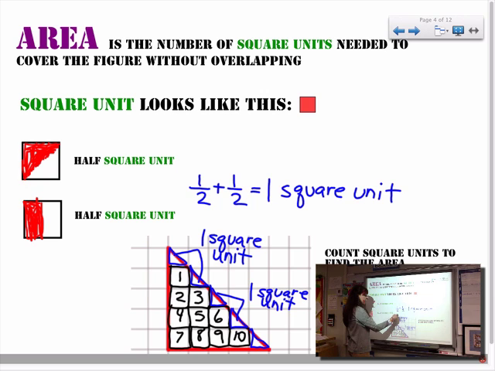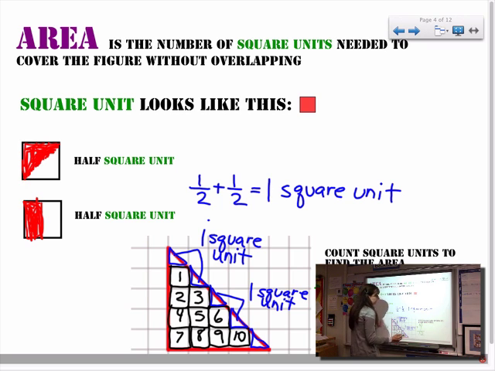We have another square unit, an 11th square unit by combining these, a 12th square unit by combining these half square units. So when we combine these all together, the 10 full square units plus one square unit here plus one square unit here, we have 12 full square units plus one half a square unit left over.